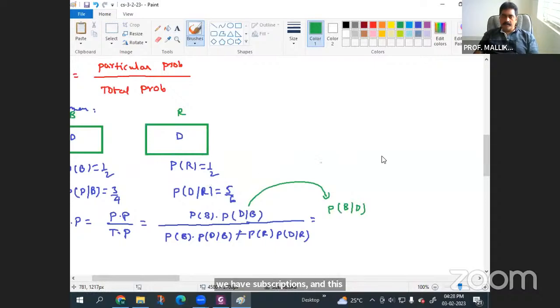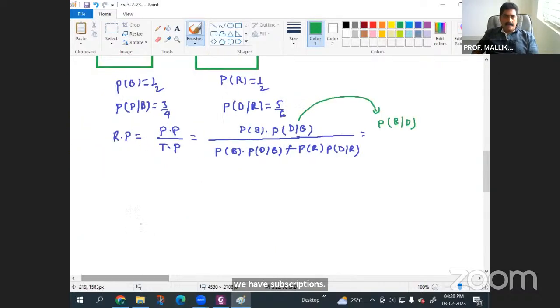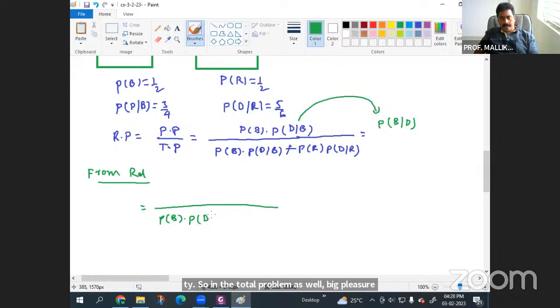Understood? Suppose if they want it from Reliance. So required probability equal to, in the total probability I'll go as usual: probability of Big Bazaar into probability of dress given that Big Bazaar, plus probability of Reliance into probability of dress given that Reliance.